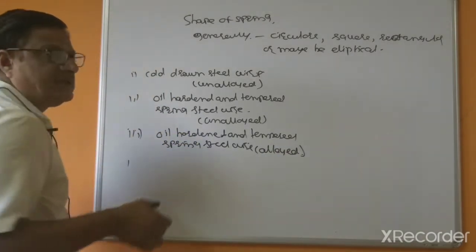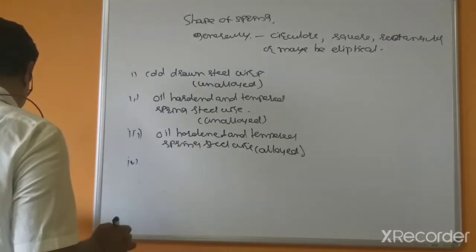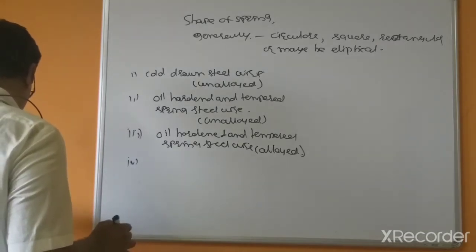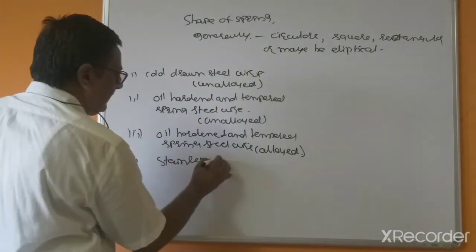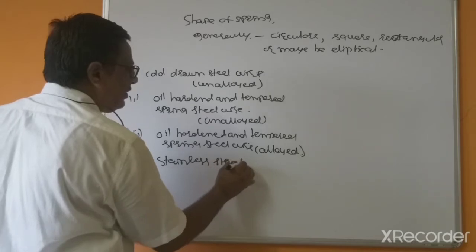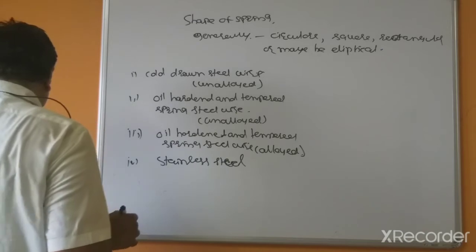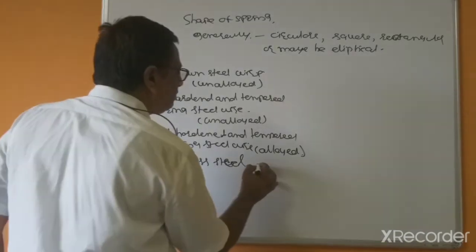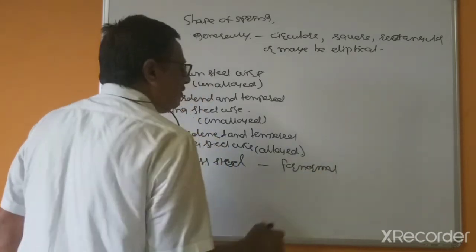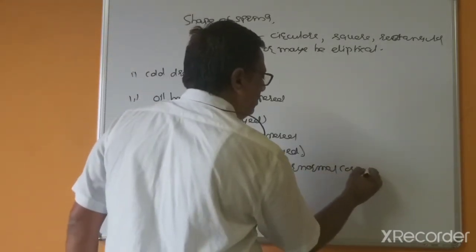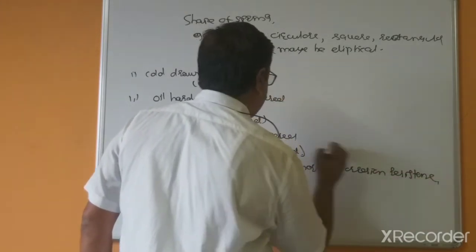According to the applications, where the temperature is more, you can use stainless steels. Where corrosion resistance is required, you can use stainless steels for normal corrosion resistance.